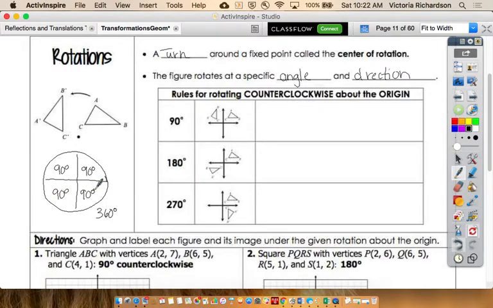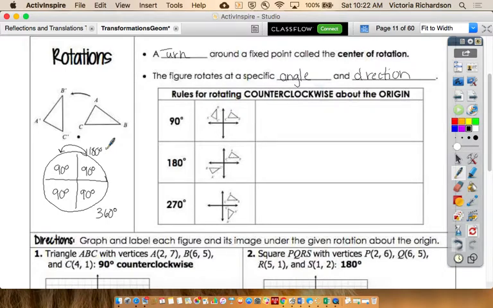And if we add 2 of the pieces together, that would add up to be 180 degrees. And if we add 3 pieces of the pie together, we would get 270. So that's a little bit of review about angles.